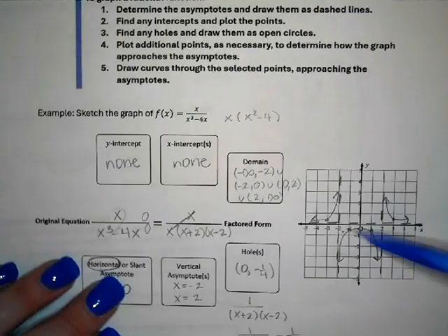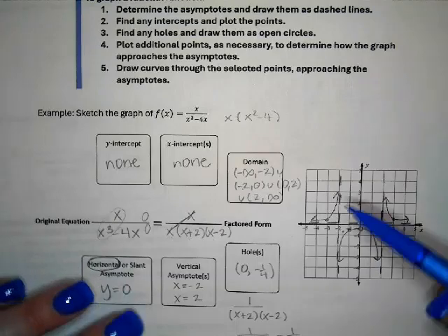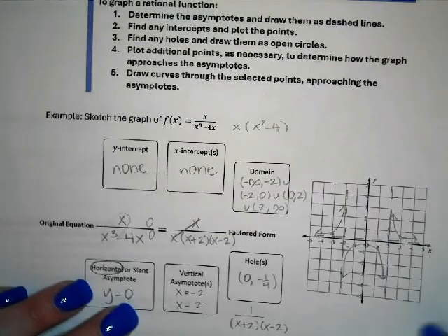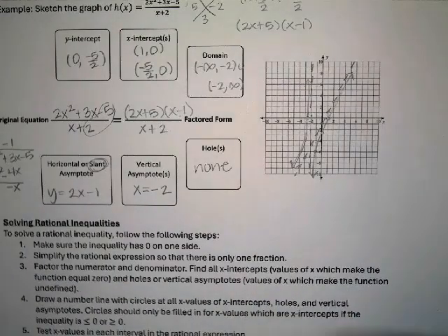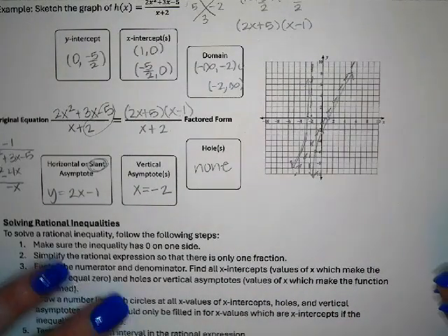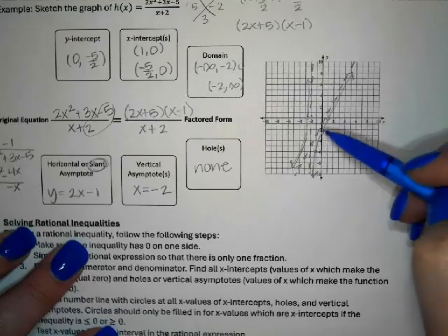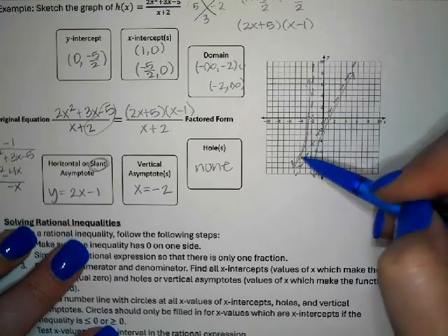To get credit for this in a testing situation, you have to have graph paper, and you have to have accurately drawn points. So this is already a sketch. A sketch is an approximation, but not perfect. This is as imperfect as I would let you guys draw in a testing situation to get credit.